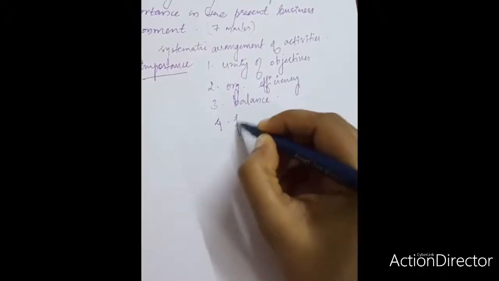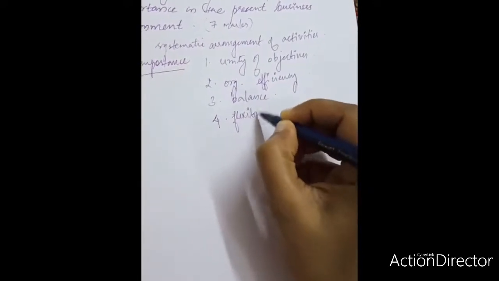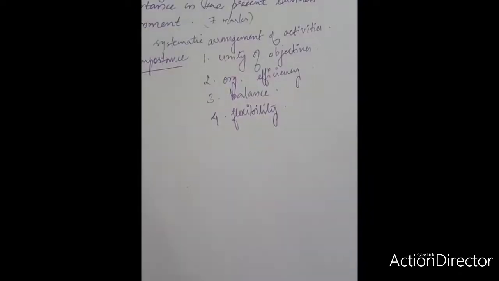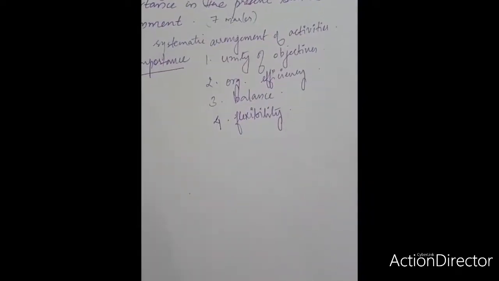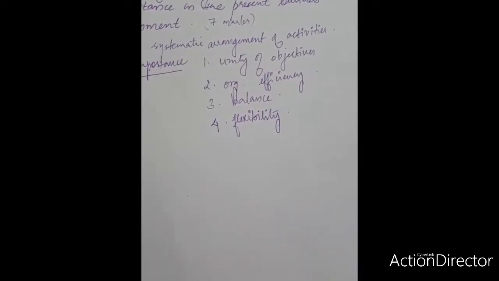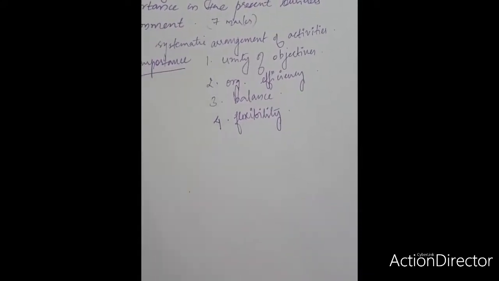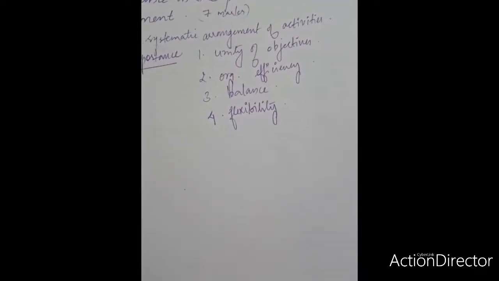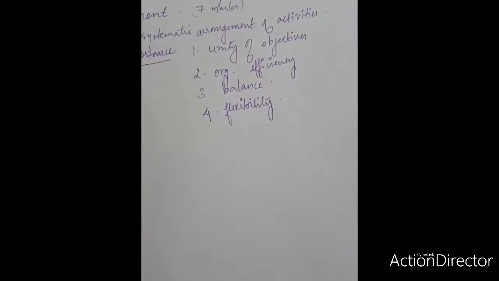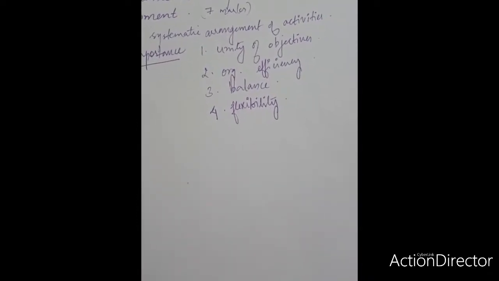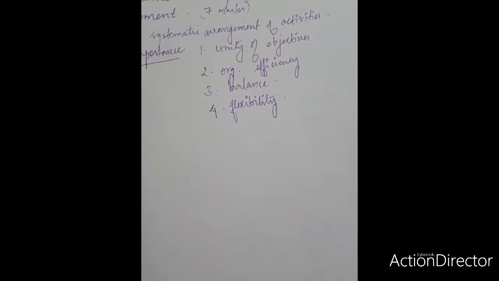Fourth one is flexibility. Organizational structure must be sufficiently flexible to accept the changes in the internal and external environment. This is what we're talking about throughout the chapters, because flexibility is one of the key factors for more productivity of the company.